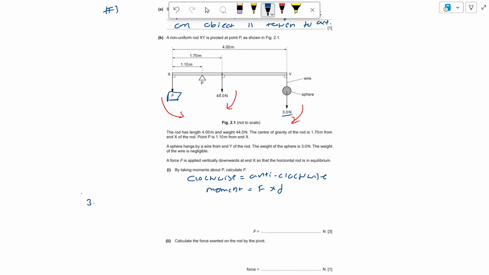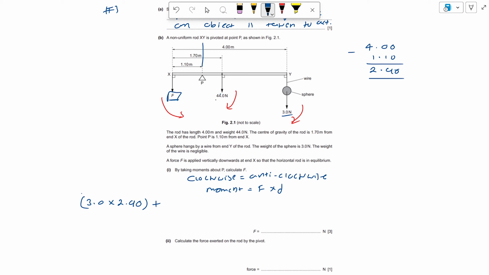So, 3 newtons times the distance from the pivot, which is going to be 4 minus 1.10, and that's going to give us 2.90.